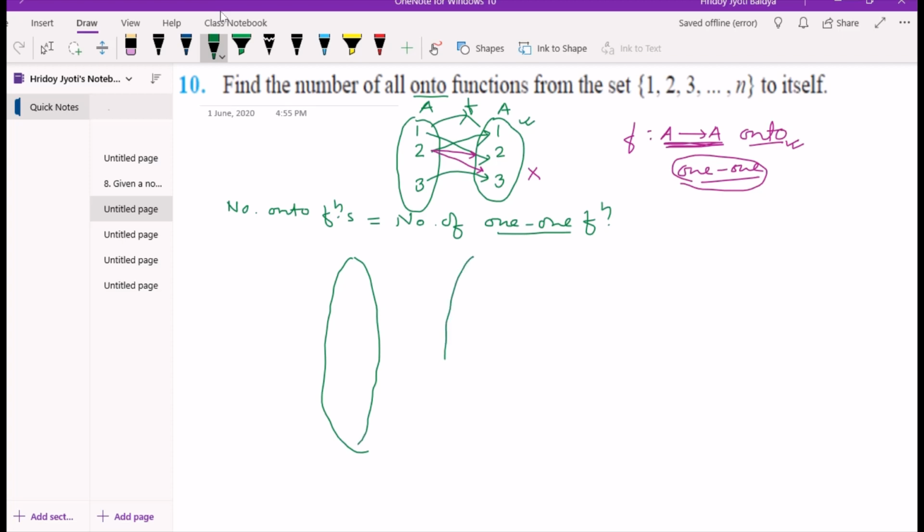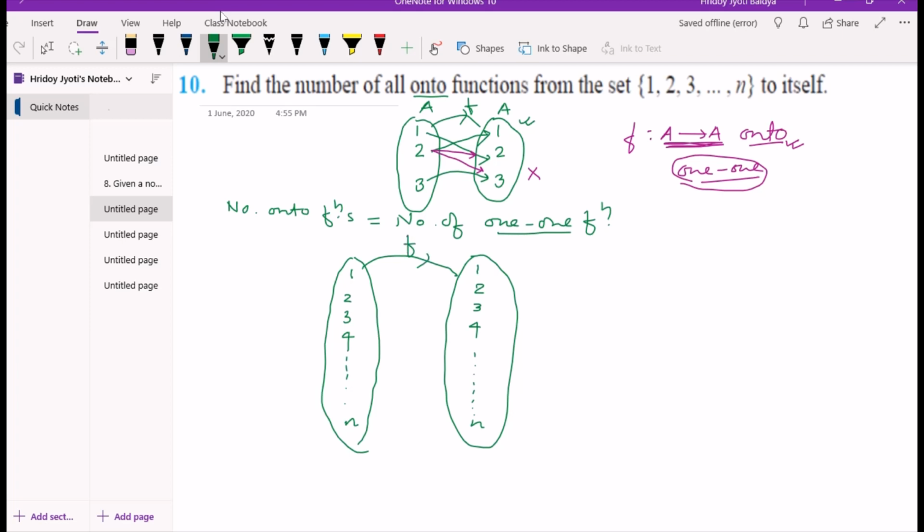Now just draw it. Suppose this is the set 1, 2, 3, 4 running till n, and it is running to 1, 2, 3, the same set.